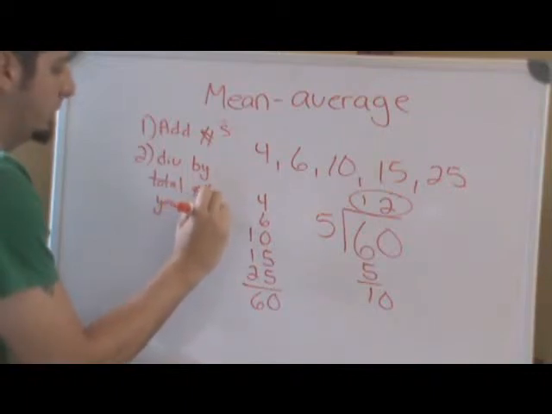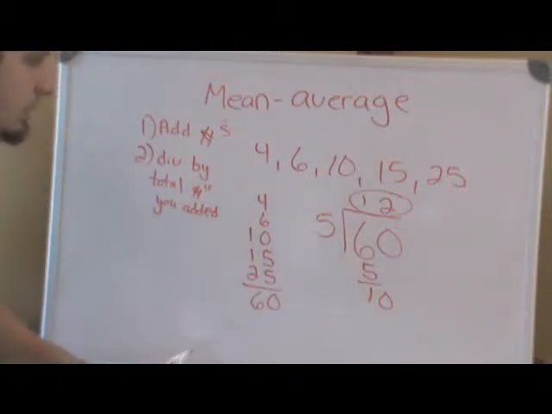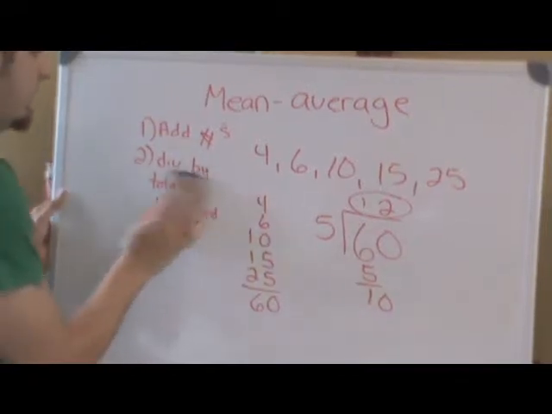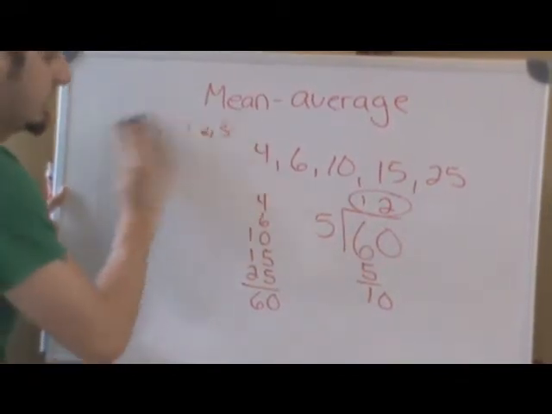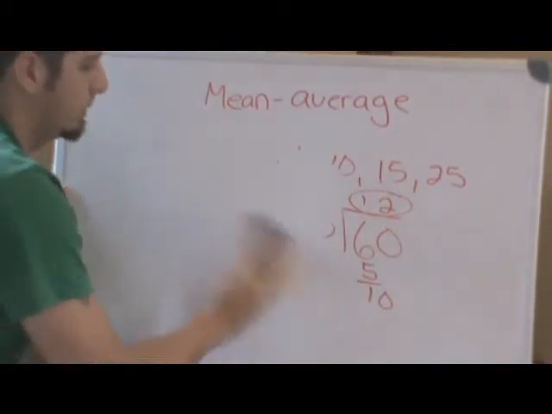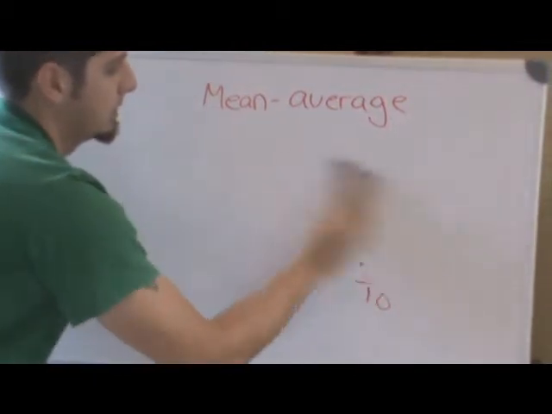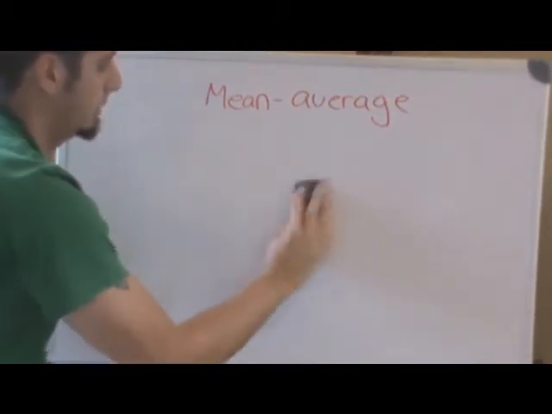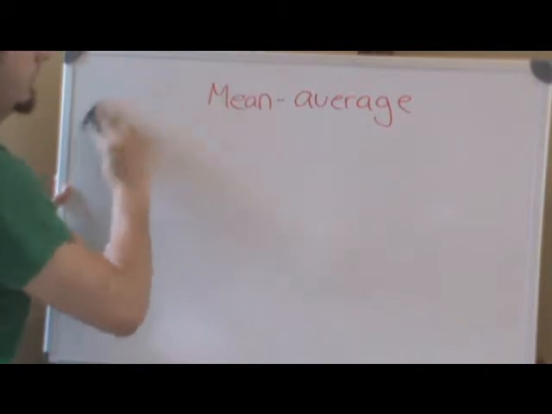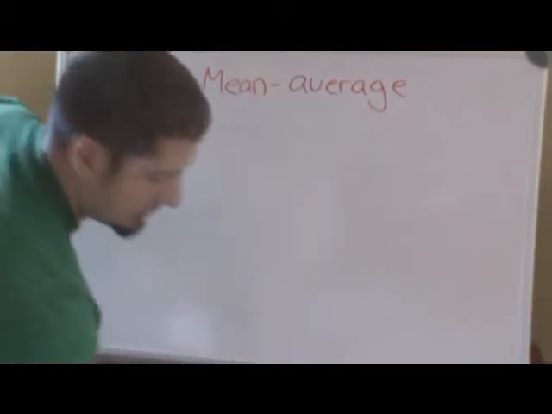So I added 5 numbers, so I'm dividing by 5. When I added up the 5 numbers, I got a sum of 60. And then I had to divide by the total number of numbers that I added up.